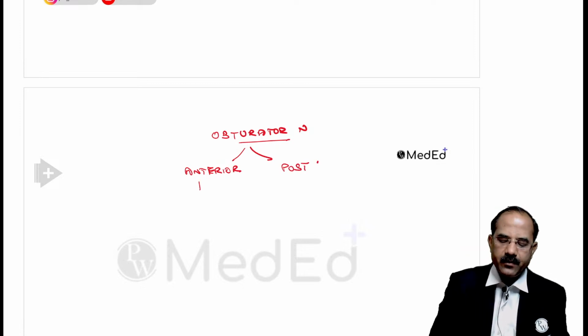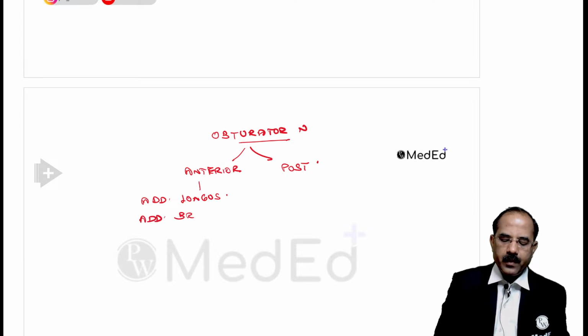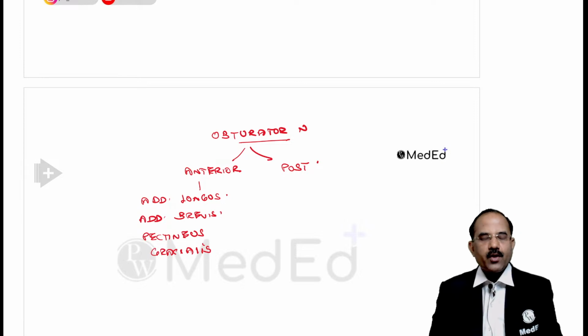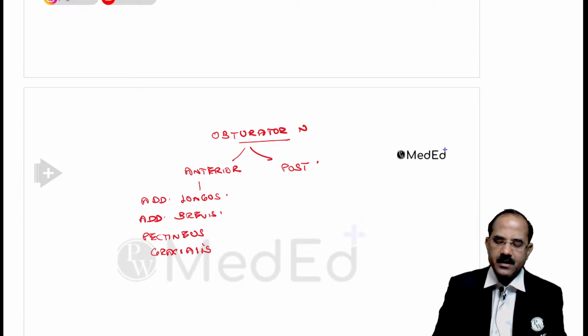What does the anterior division supply? Anterior division supplies adductor longus, adductor brevis, pectineus, gracilis.